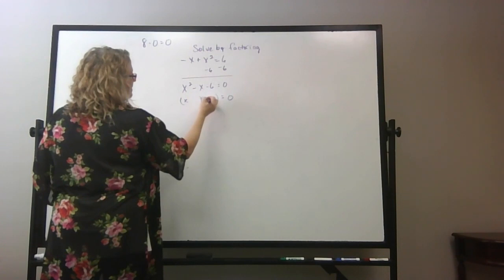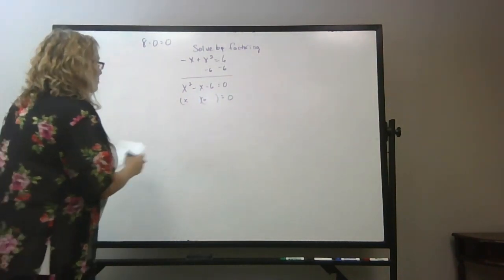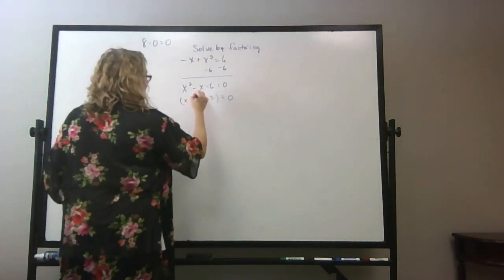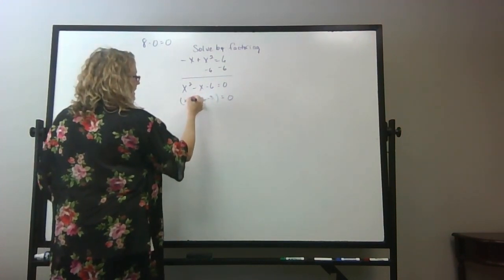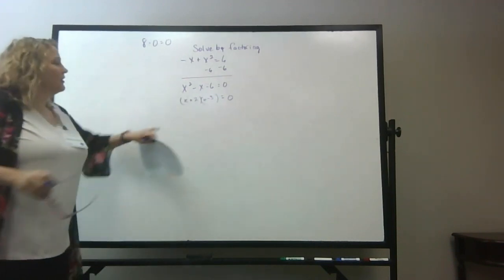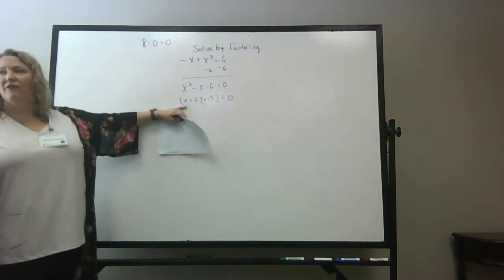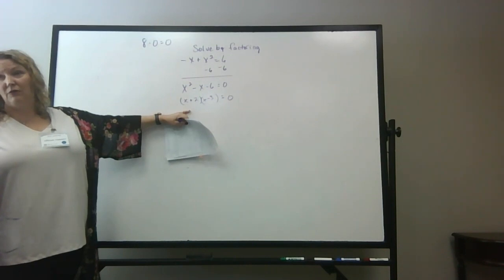Got my x and my x. I'm thinking about the 6 with the 3 and the 2. The 3 has to be negative and the 2 has to be positive. Okay, so I factored it, and I still have it equal to 0.